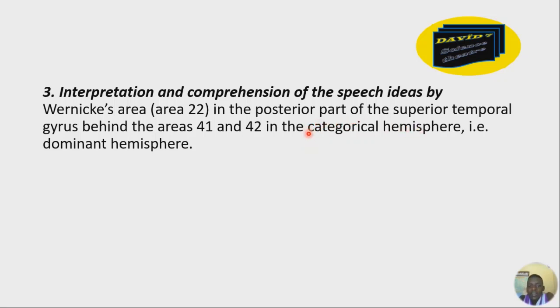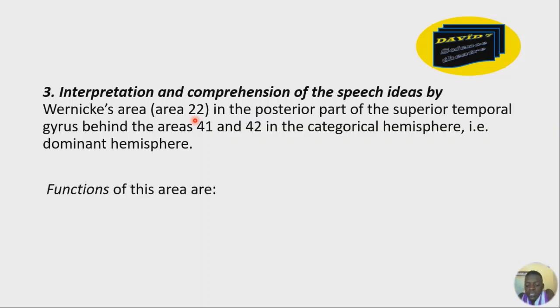In the other non-categorical hemisphere, there's also an area which is a homologue of Wernicke's area. But for Wernicke's area, we shall always base majorly on the categorical or dominant hemisphere. So here we have interpretation and comprehension of spoken speech in Wernicke's area, in the posterior part of the superior temporal gyrus.